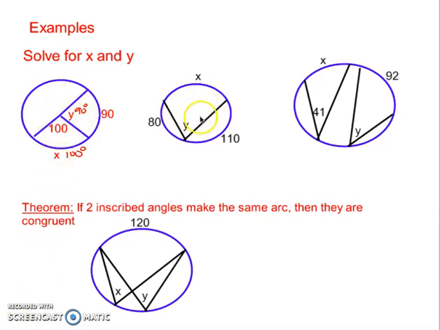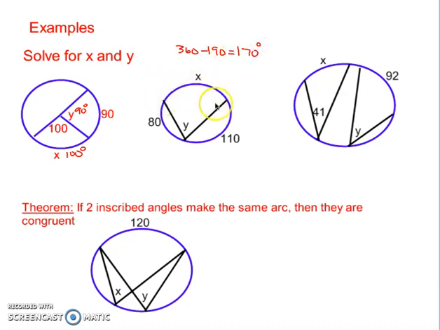The second picture right here, this Y is an inscribed angle, and this out here is an intercepted arc. Notice this one's a little different because we don't know these two, but there are some things that we do know. We know that there has to be 360 degrees in this circle. So if I take 360 and subtract these two, the 80 and the 110, so if I subtract 190 from 360, that leaves me with 170 degrees.